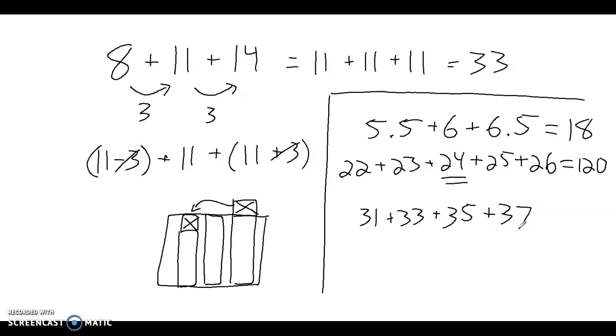Well, if all these numbers were the same number, they would be the one in the middle, which is 34. So this is going to be the same as 34 times 4. Multiplying by 4 is just a matter of doubling and then doubling again. So that's 68 times 2, which is 136, and that is the sum of our 4 numbers.